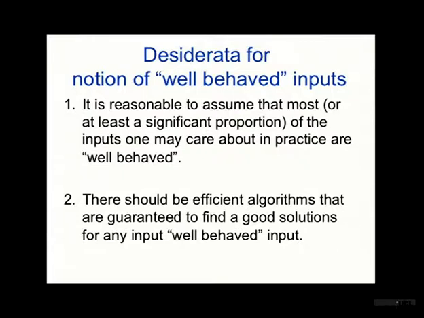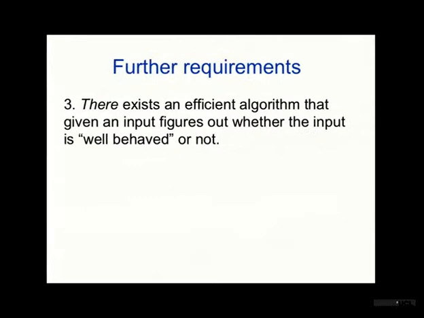So these are the two requirements we've talked about so far. But actually, if you think about it more, there are more desirable requirements. For example, that there exists an efficient algorithm that, given an input, can figure out whether the input is well-behaved or not. That could be a very nice property.